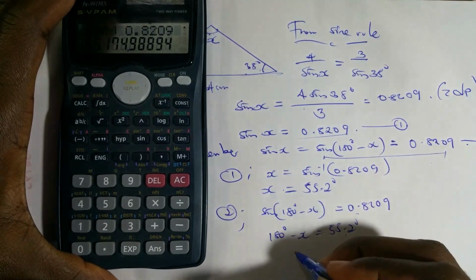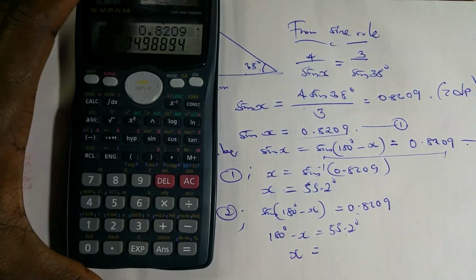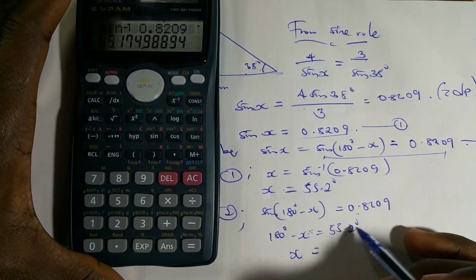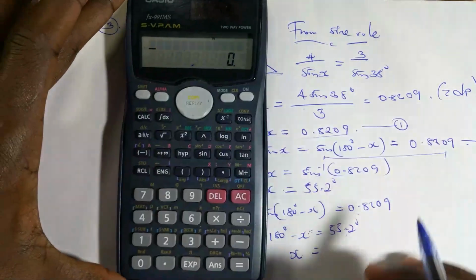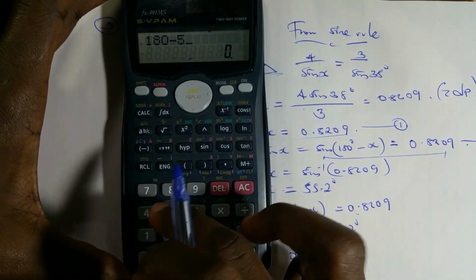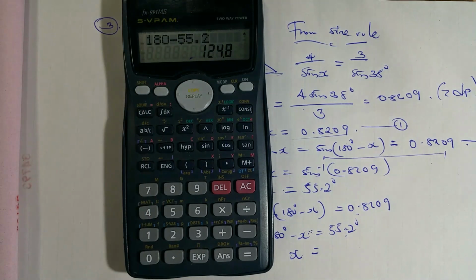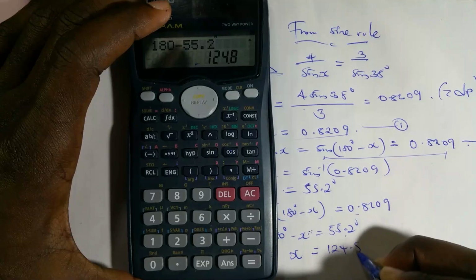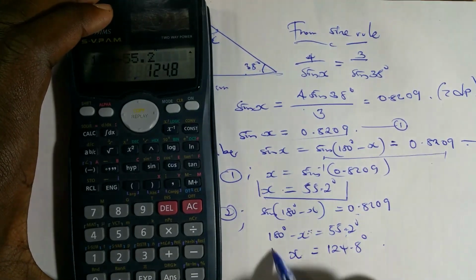So if you take x to this side, you add on both sides and you must subtract this on both sides to remove. We are going to remain with 180 minus 55.2, so it's 124.8. 124.8 degrees.